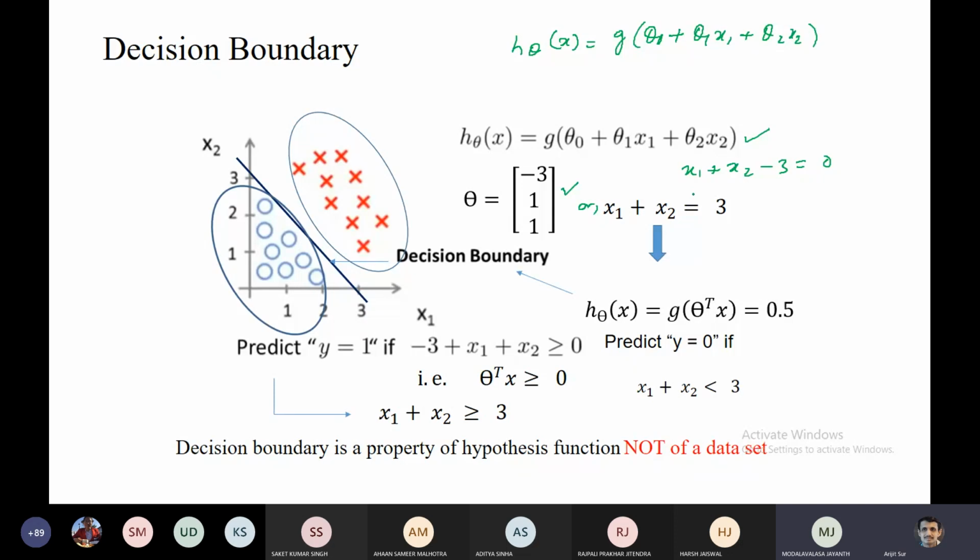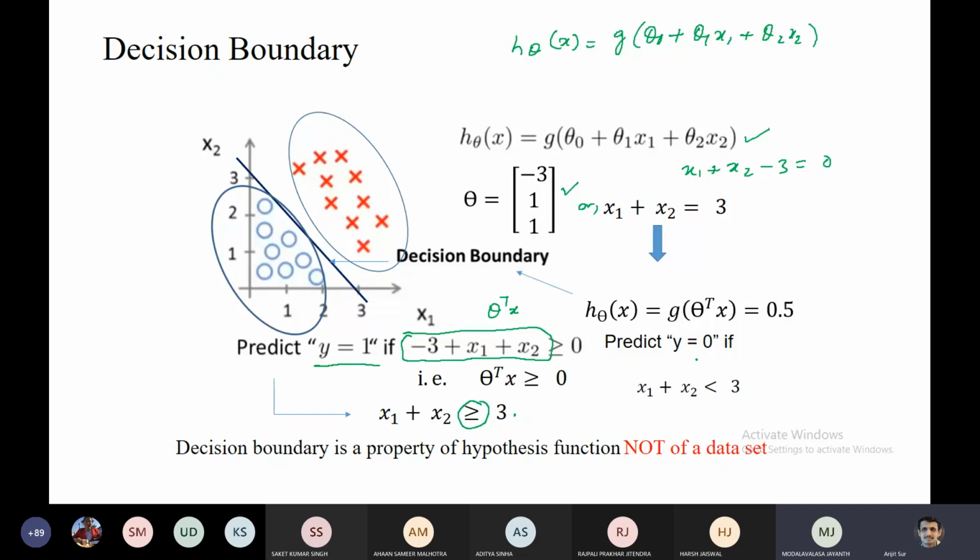Now we predict y equal to 1 if theta transpose x is greater than or equal to 0, which means x1 plus x2 is greater than or equal to 3.